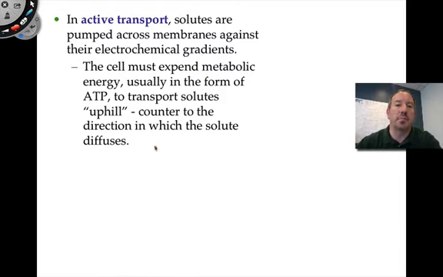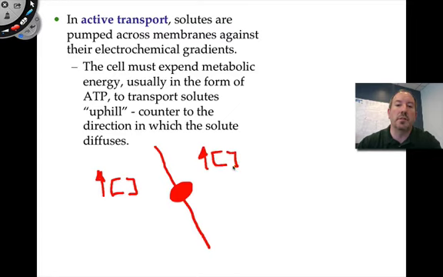Active transport is, I'm not going to draw the whole phospholipid bilayer, but let's just say this is the phospholipid bilayer, and here's a transport protein. Let's say the concentration over here of whatever the substance is very, very high, and over here on this side the concentration is very low.